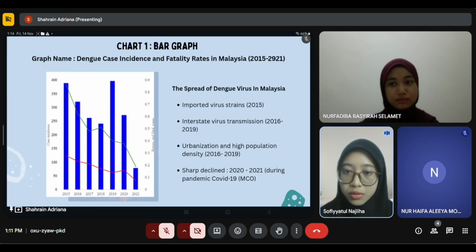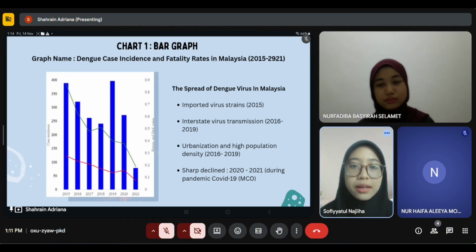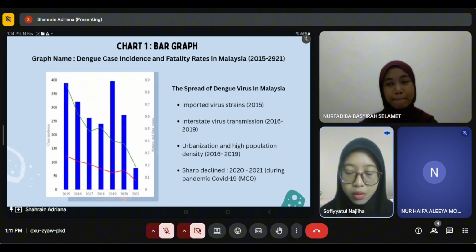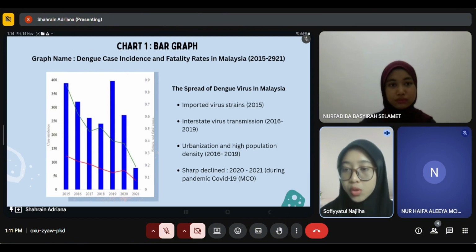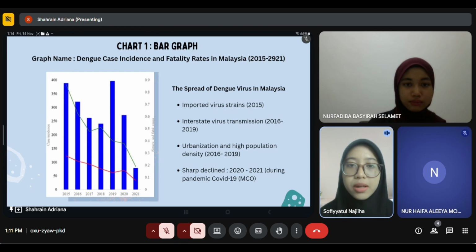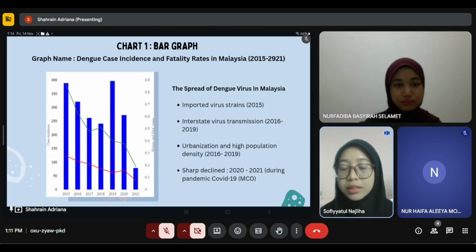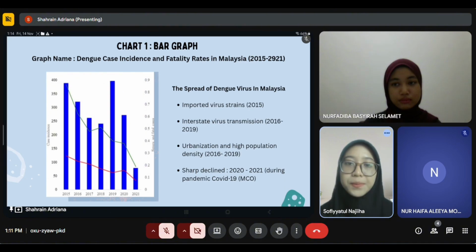And in 2020 until 2021, which shows the lowest rate of dengue cases, this was due to the COVID-19 pandemic and the enforcement of the Movement Control Order (MCO) that restricted and reduced social and outdoor activities. So to summarize, human movement and environmental factors play a big role in the spread of dengue.